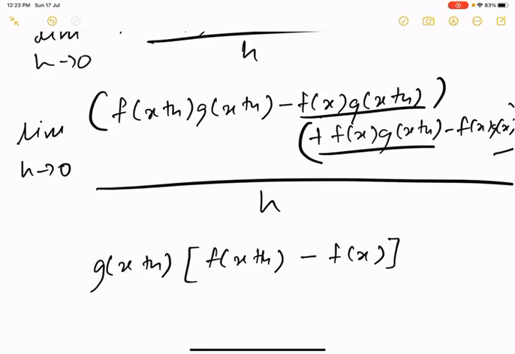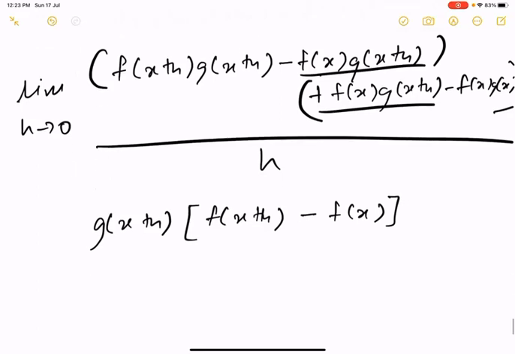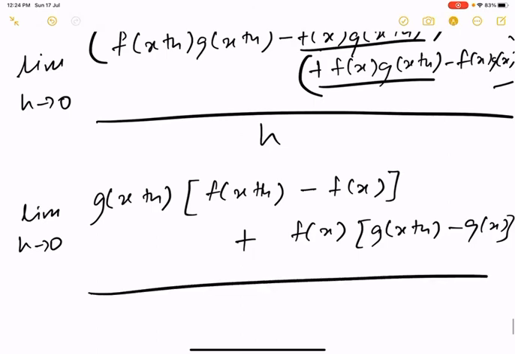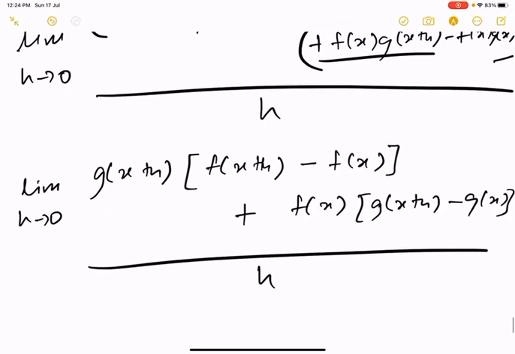And then from the second grouping, I can say that f of x is common, and then inside the bracket I'm having g of x plus h minus g of x. I have my limit, and all of this is divided with h.